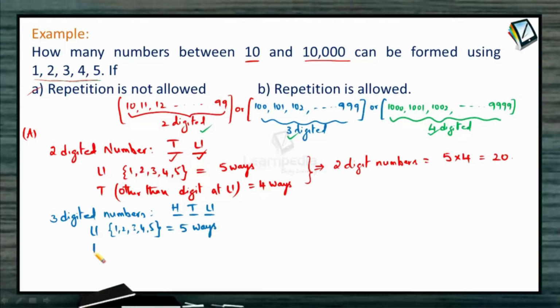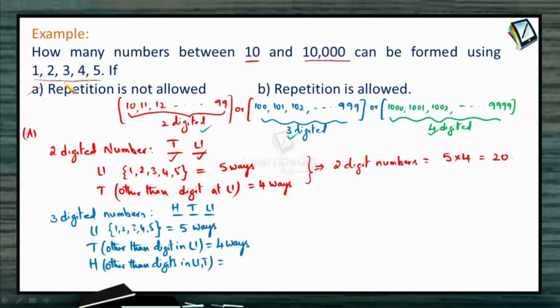Now how many ways can we arrange the tens place? The second job of arranging the tens place, now here what are the choices left? Yes, the one which we have used in the units place should not be used. So there are only 4 ways of doing this job, right? And similarly, how many ways can the third job of filling the hundreds place be done? Now here what are the choices? We have to use the numbers other than the digits already used in 2 places, one in units place and one in tens place.